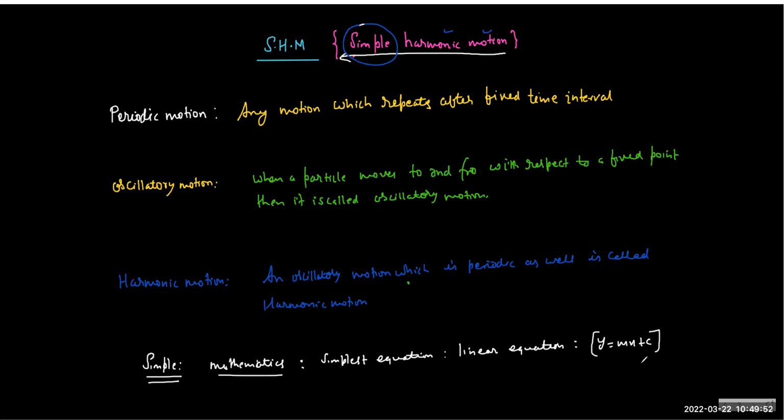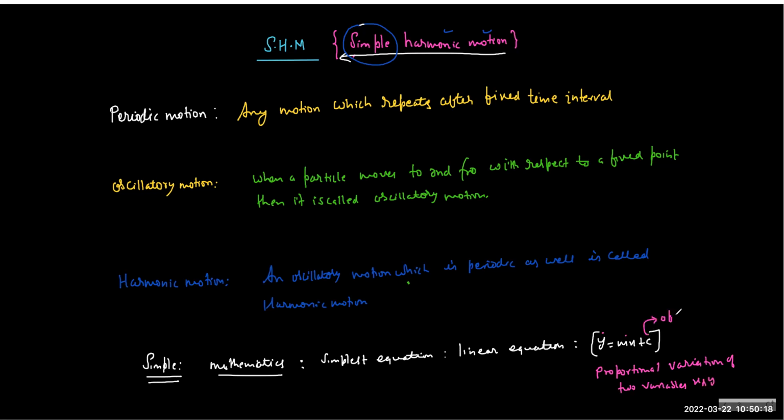Every linear equation represents a proportional variation of two variables, x and y. What is C doing here?